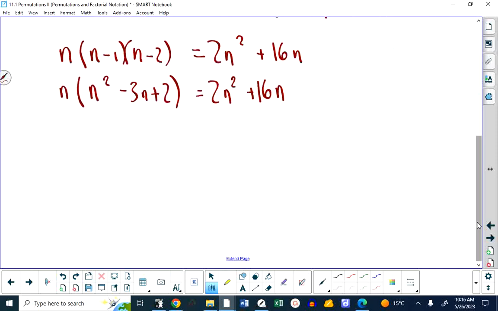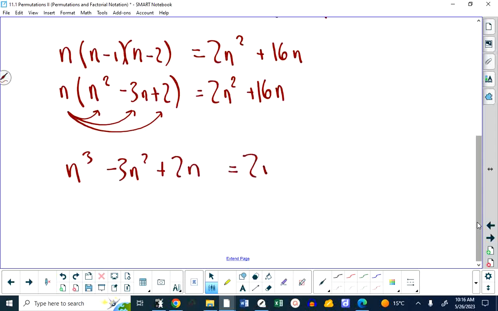I'm going to multiply that n in now and get n cubed minus 3n squared plus 2n equals 2n squared plus 16n. It's a polynomial equation, so I need to zero the equation.